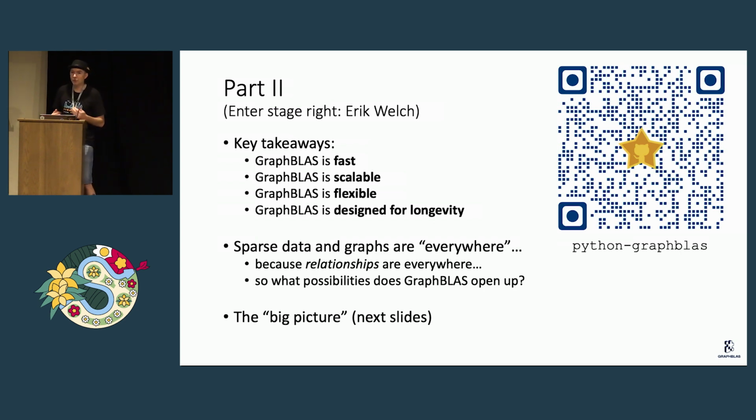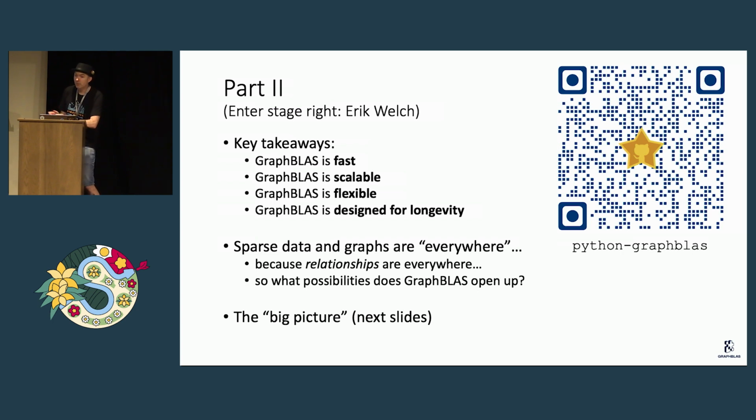And who cares? Who uses graphs and sparse data? This is kind of a hard question to answer cleanly because graphs are used everywhere. Lots of data naturally wants to be sparse. Like we can have a 2 to the 60 by 2 to the 60 array, a matrix, with just very few things in there.